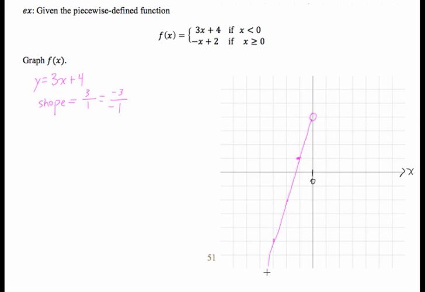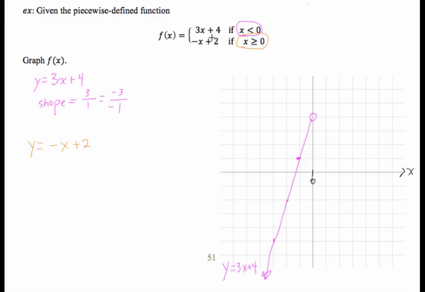Okay, so there's the part of the line y equals 3x plus 4, and it's only given that graph on the left side of 0 because it's only defined for x less than 0. Now let's graph the other half, which is for x greater than or equal to 0. For these x values, we graph y equals negative x plus 2. So let's start at the y-intercept. It is defined when x equals 0 by this function.